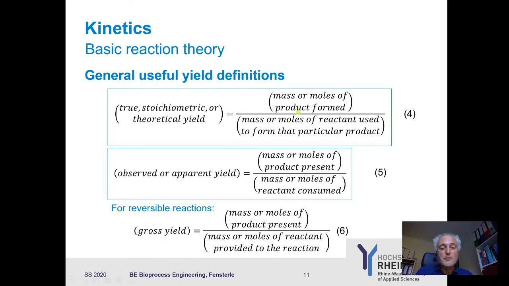The observed or apparent yield is the mass or moles of product present and the mass or moles of reactant consumed. So the difference here is this is the reactant which is going into this reaction, and the other one is the mass or moles of reactant consumed, which just has disappeared. For reversible reactions, we also talk about the gross yield. So this is the mass or moles of product present divided by the mass or moles of reactant provided to the reaction.